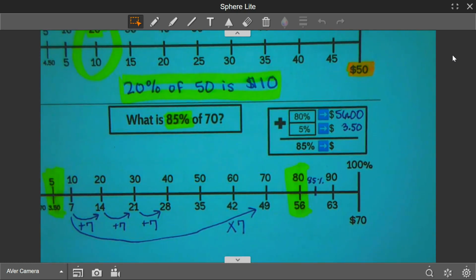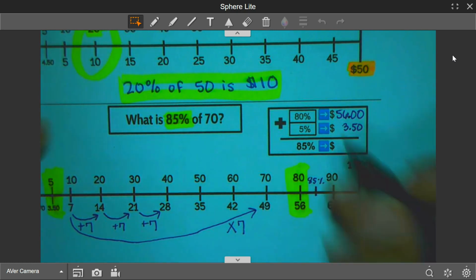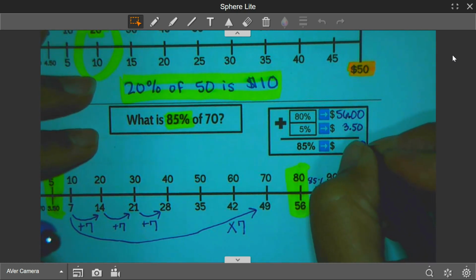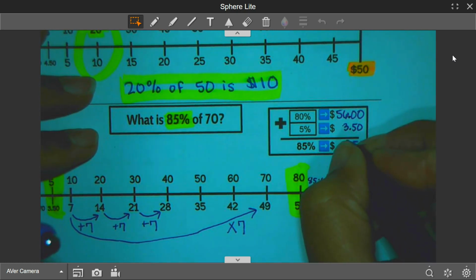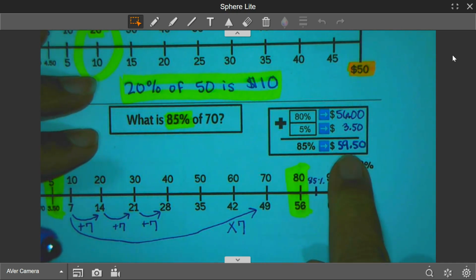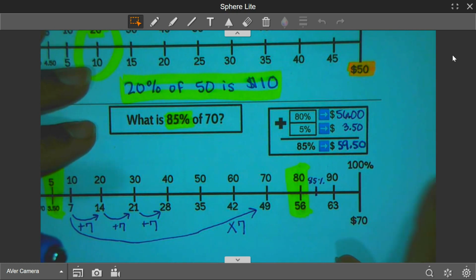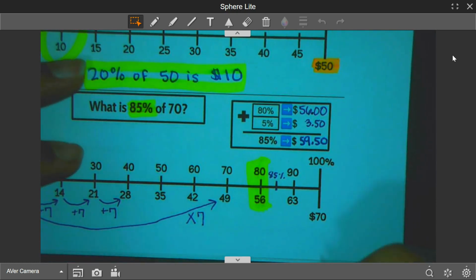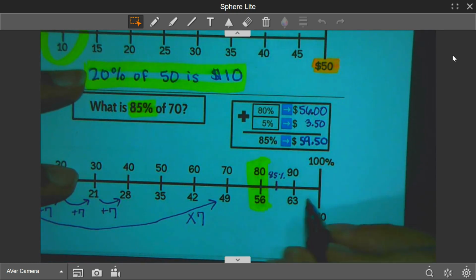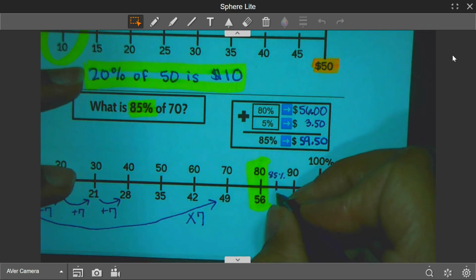And then let's go ahead and add them up. So that's 0, 5, 9, and 5. So 85% is $59.50. I had a good educated guess. I said about $60, but exactly we're going to put $59.50.